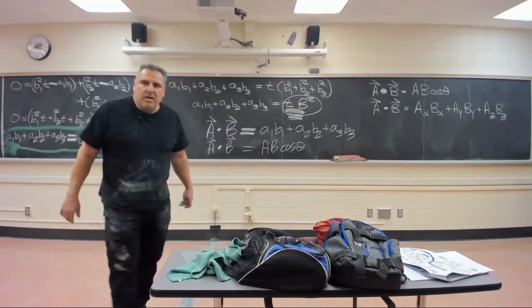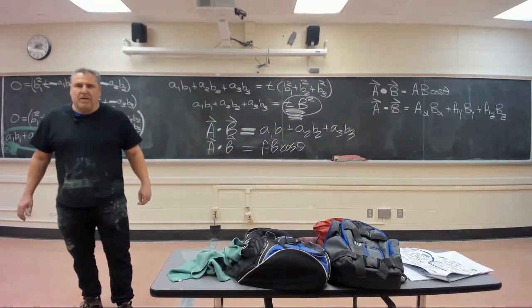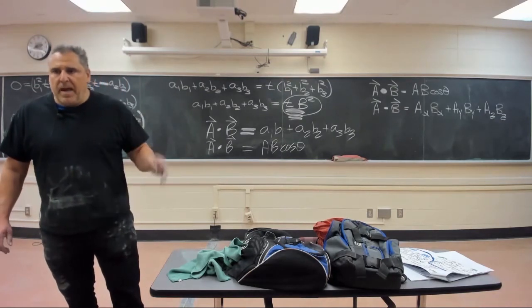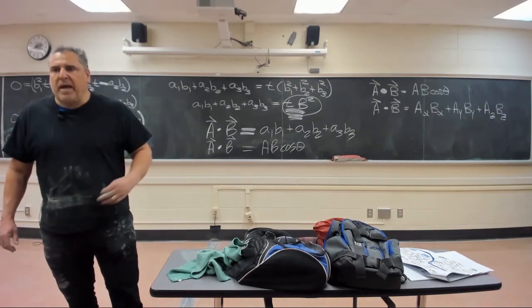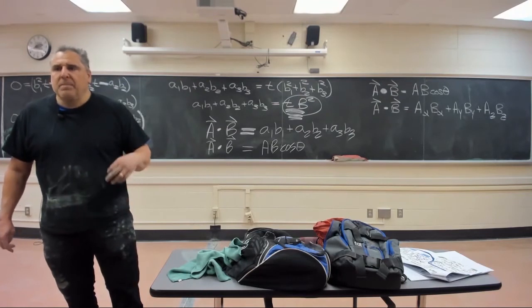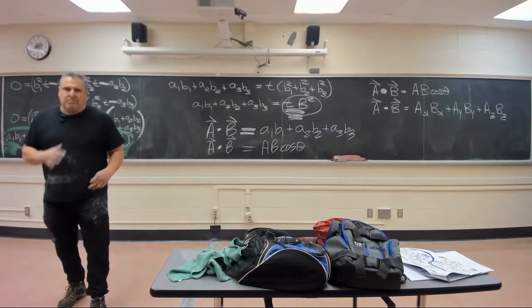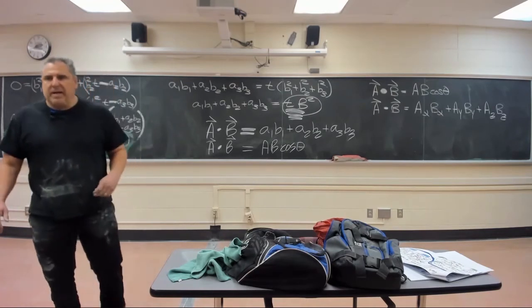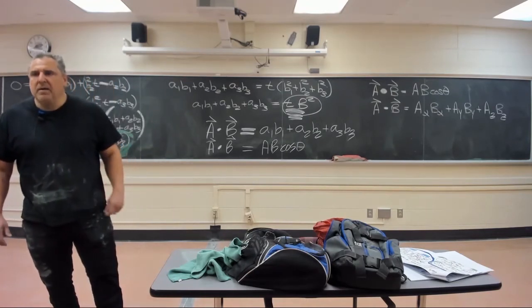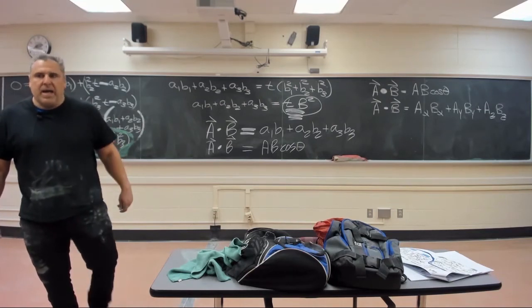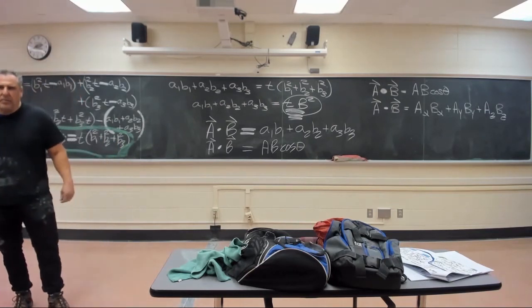A vector, capital A vector, is lowercase A1 i hat plus lowercase A2 j hat plus lowercase A3 k hat. B vector, capital B vector, is lowercase B1 i hat plus lowercase B2 j hat plus lowercase B3 k hat.